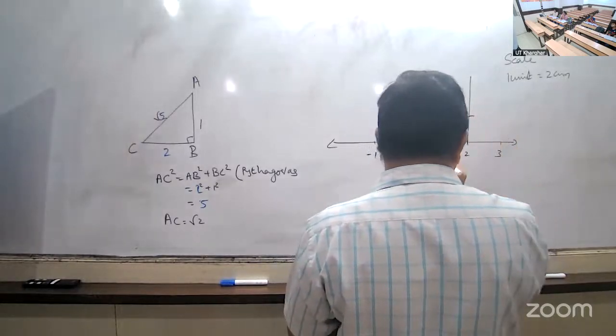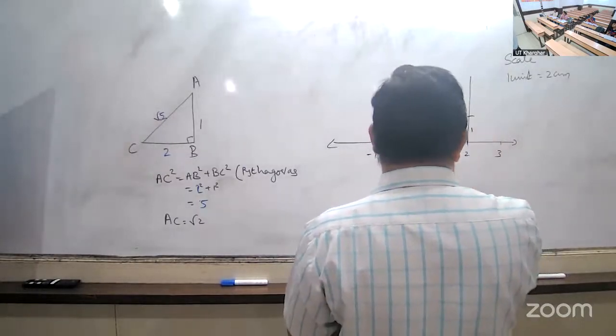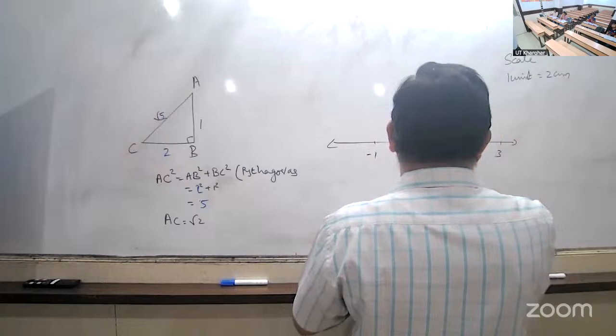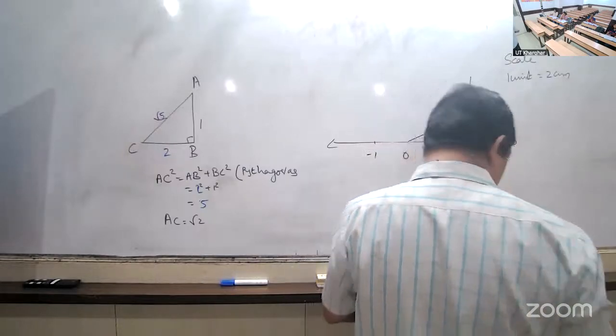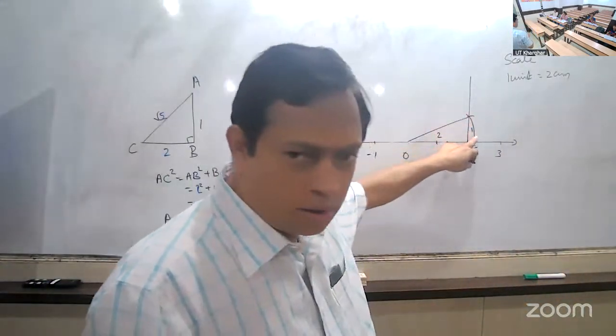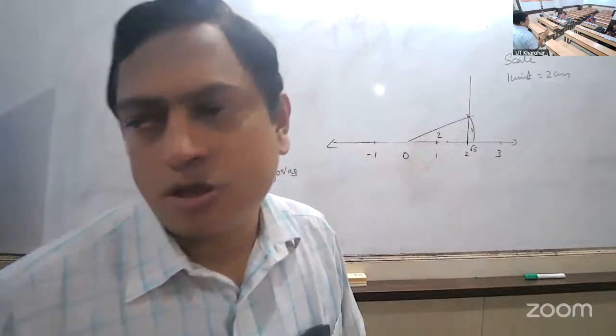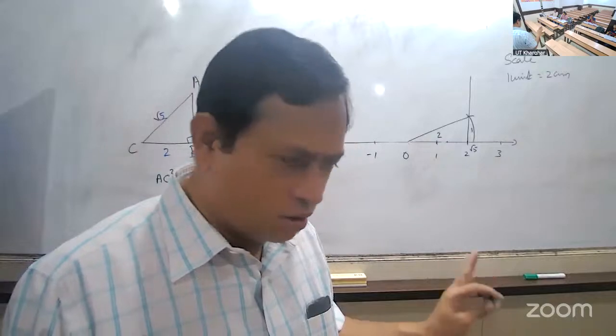This is 2 units. This is 1 unit. Then join. Then take this measurement. This is 2. This is 1. Therefore, perpendicular to 2. Are we followed, all of you? Okay. I'm going to show.